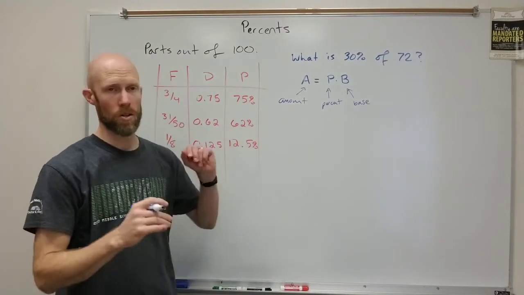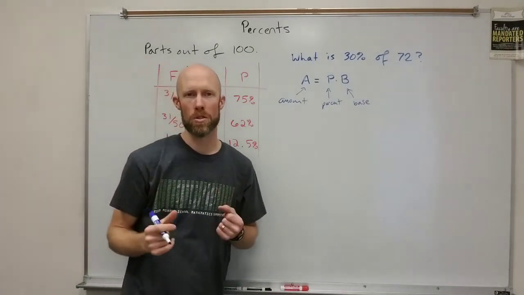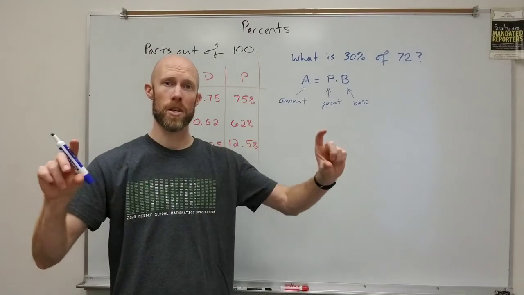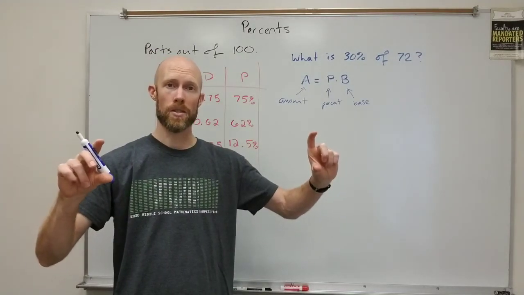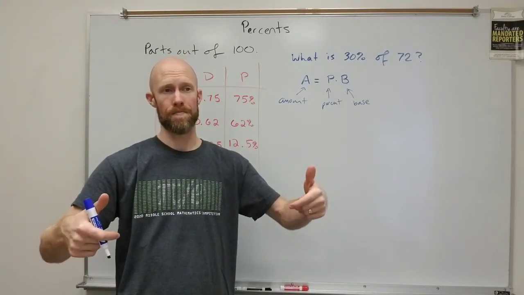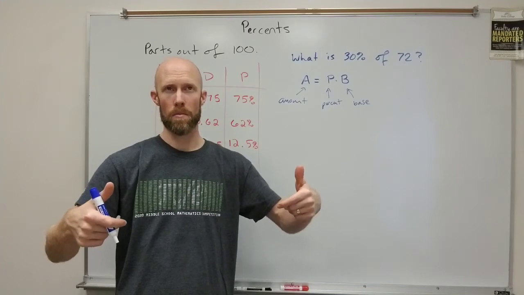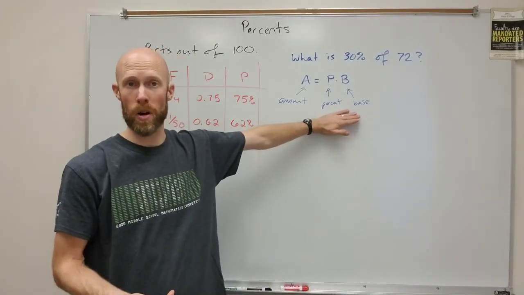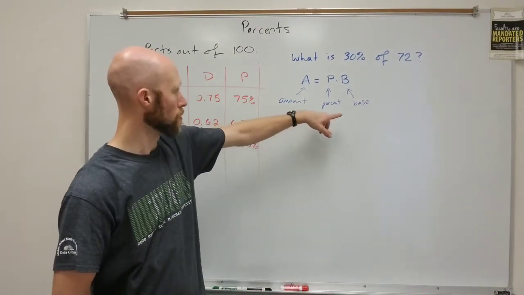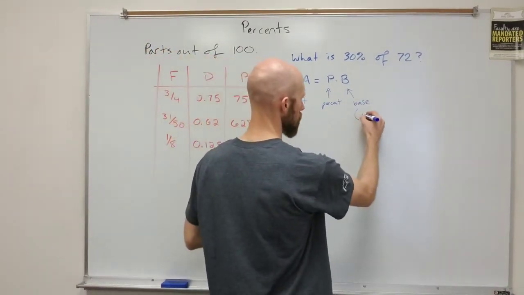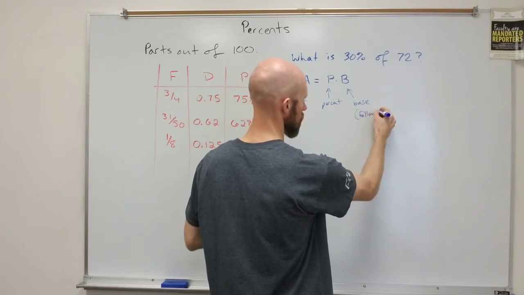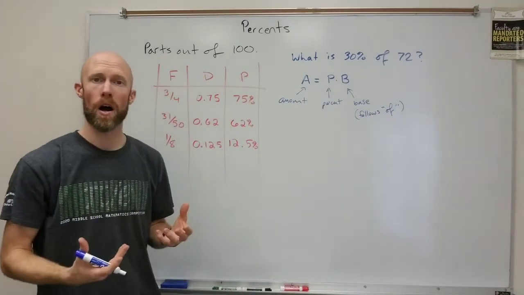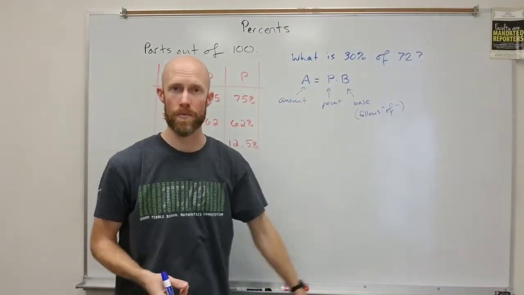So, this is really just a translational issue. Like when we did with logic, we're taking an English sentence and translating it, instead of into a symbolic logic statement, into a mathematical equation. And so the base always follows of, okay? And you'll see the word of in pretty much every one of these, okay?